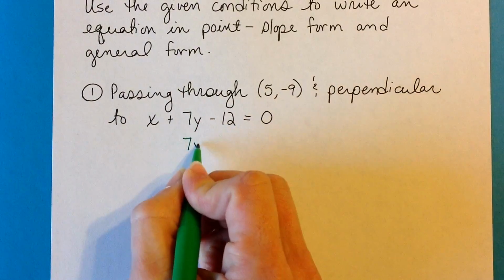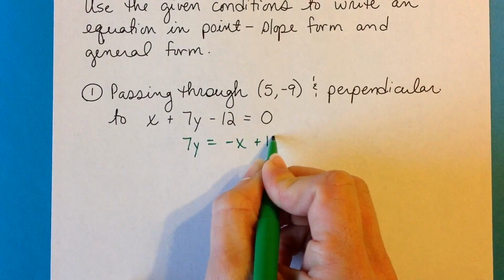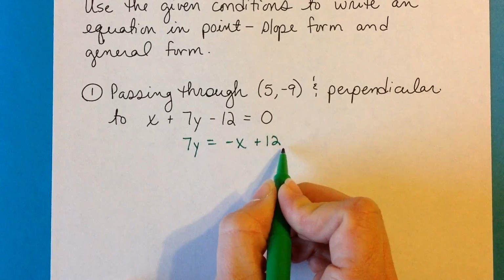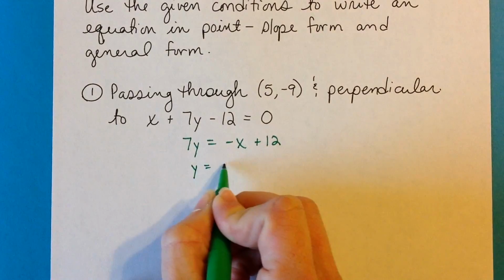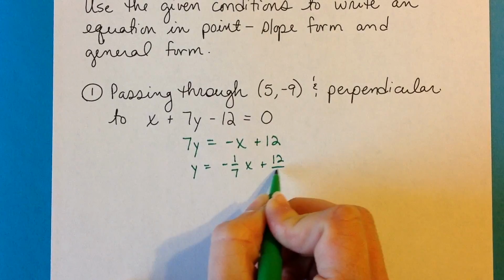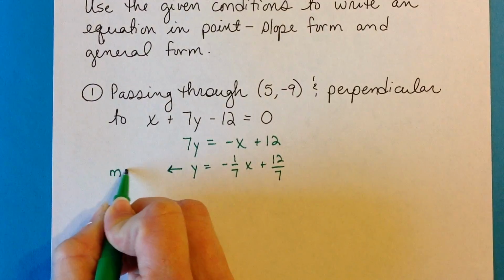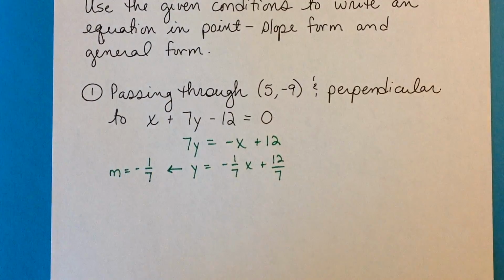So first of all, I would need to subtract the x and add the 12. And then I need to divide everything by 7. Okay, so the slope of this line is negative 1/7.